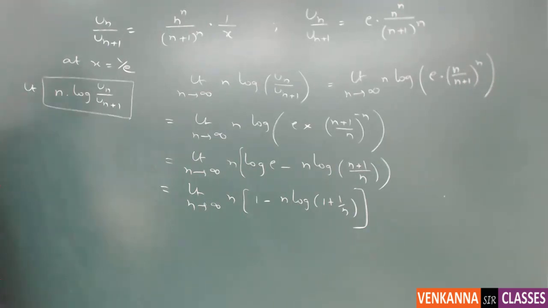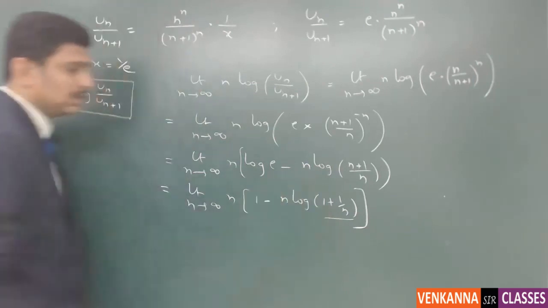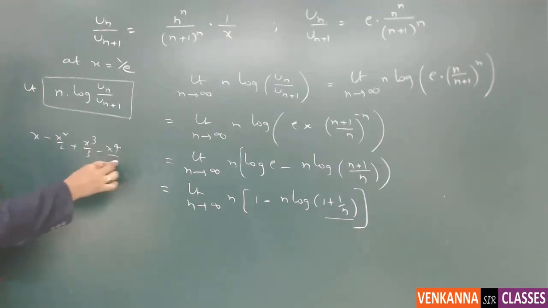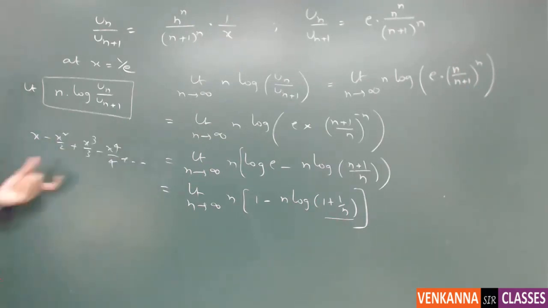So here, at this part, it is of the form log of 1 plus x. So if you consider the expansion, it is of the form x minus x square by 2 plus x cube by 3 minus x power 4 by 4 plus so on. This is the series expansion of log(1 plus x).